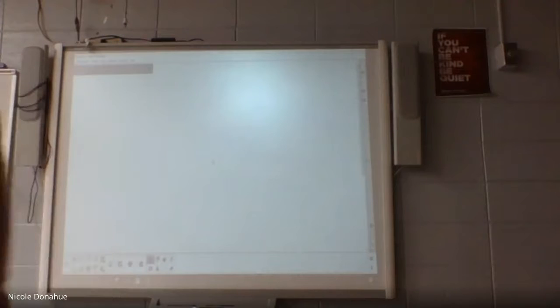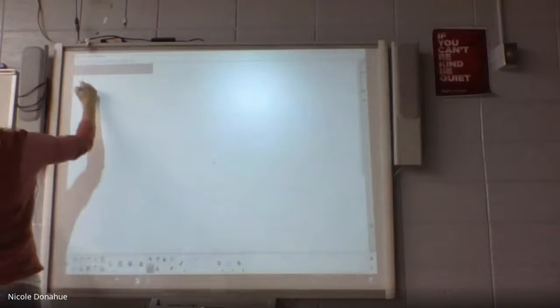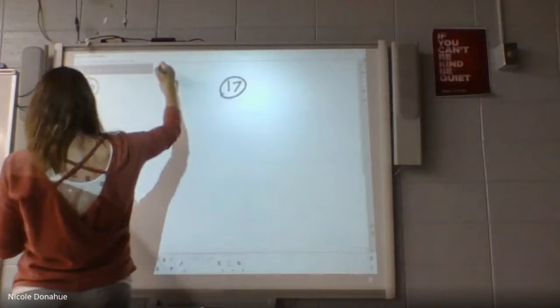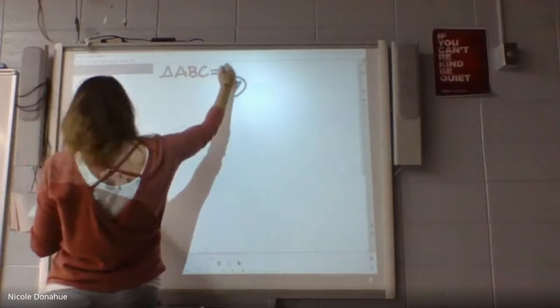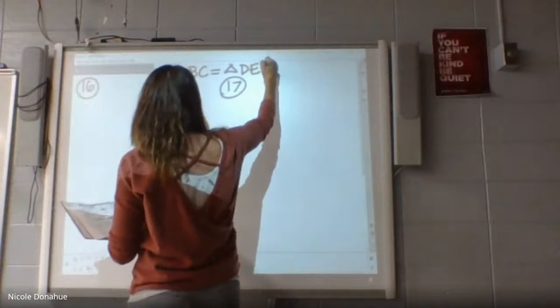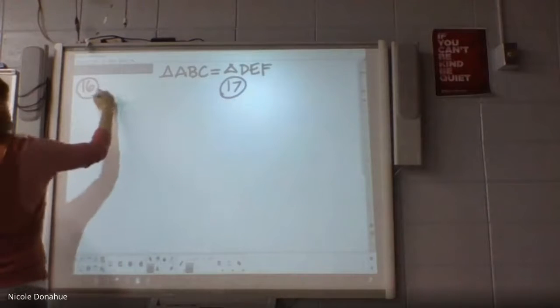All right, so number 16 says, can you determine if ABC equals DEF? Explain your reasoning. So 16 and 17 both have the same directions.